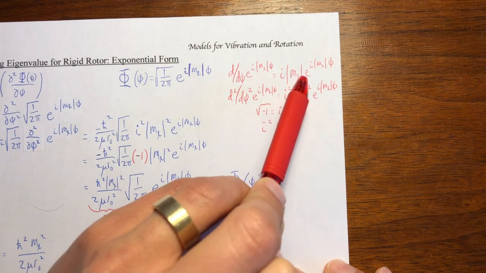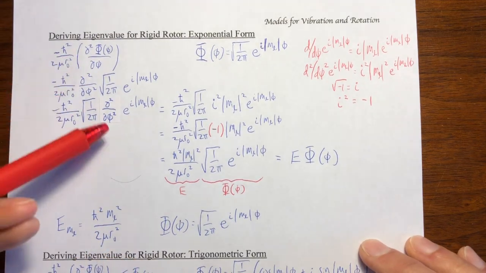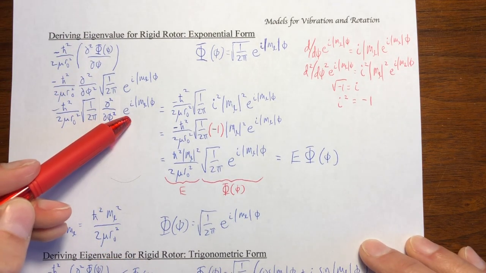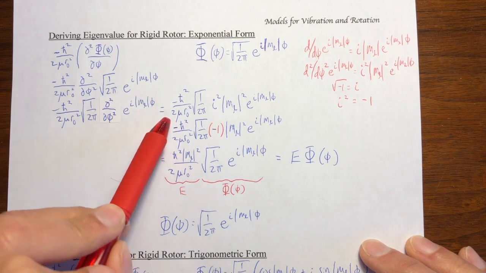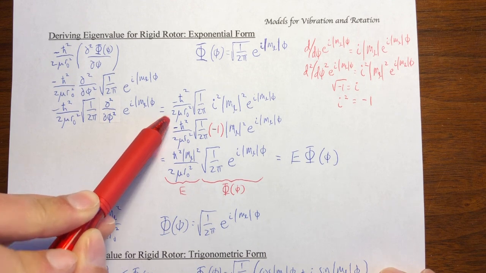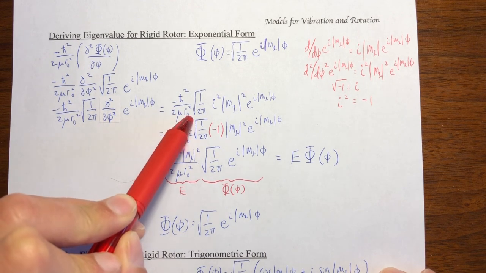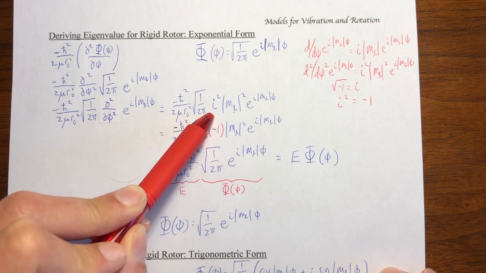And so we can take this whole thing and plug it in for our wave function. So the second derivative of our wave function is now calculated, and so our expression then simplifies to negative h bar squared over 2 mu r naught squared times the square root of 1 over 2 pi times i squared times m sub l squared times e raised to the i m sub l phi.